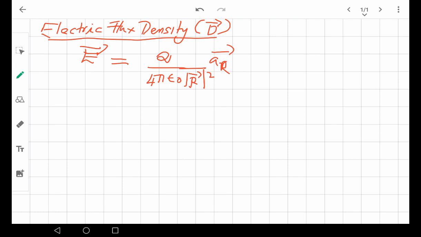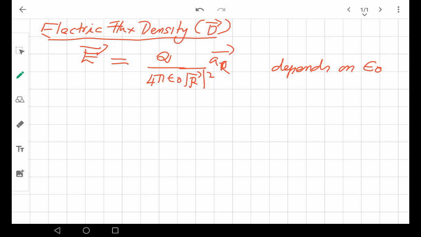This is the electric field intensity, and it depends on epsilon 0. That means the electric field intensity is dependent on the medium. Each medium has its own permittivity, so the electric field intensity depends on the permittivity of the medium.